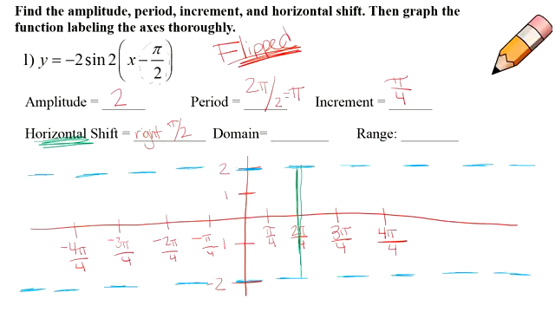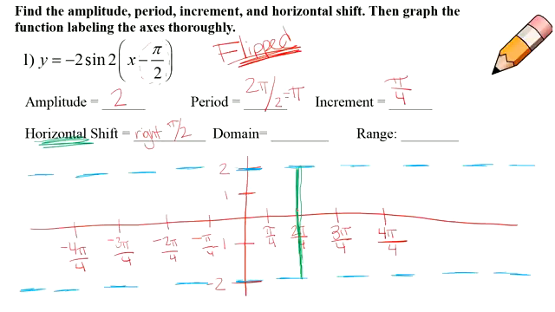So then I know this is where my new starting point is, aka where my y-axis would have been. So instead of starting here, I'm now going to start here. That's why that green line is so important. It makes it easy for me to find where I started.